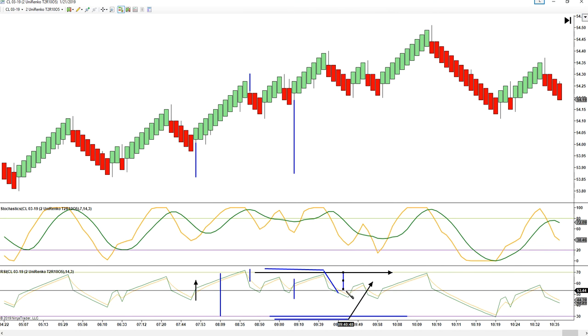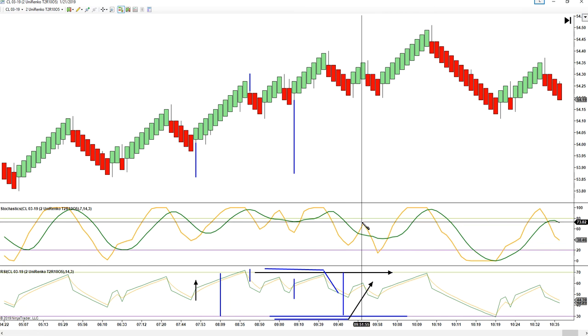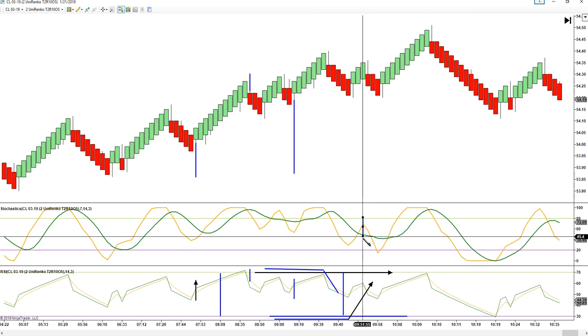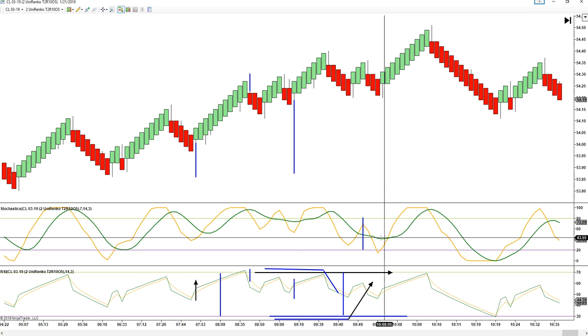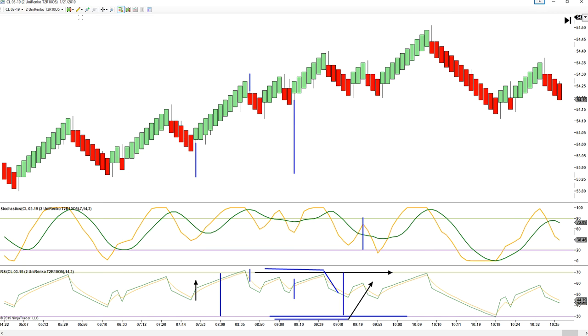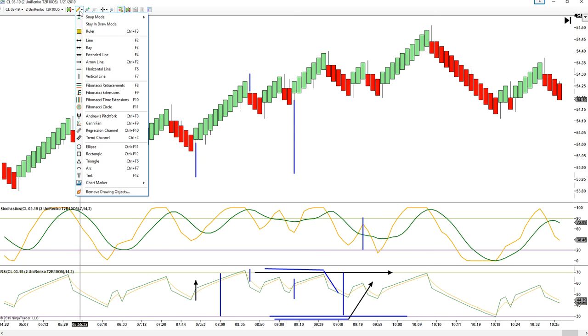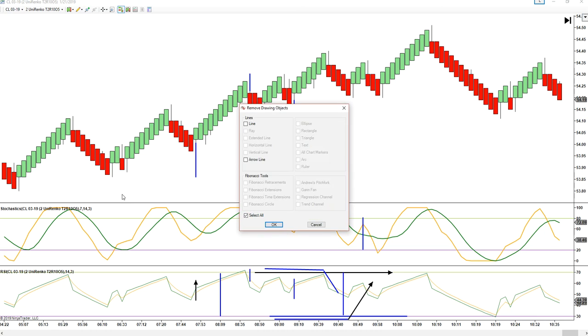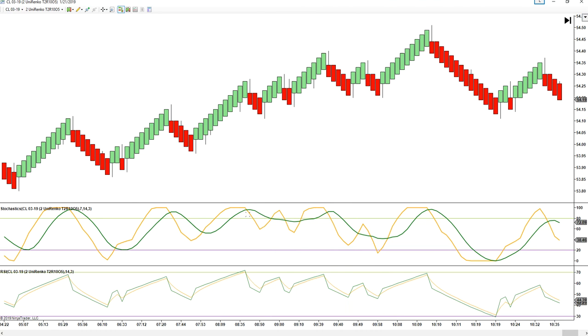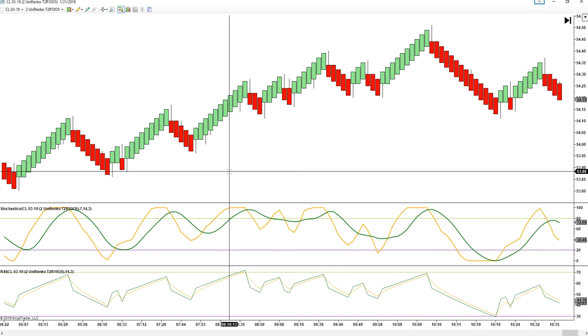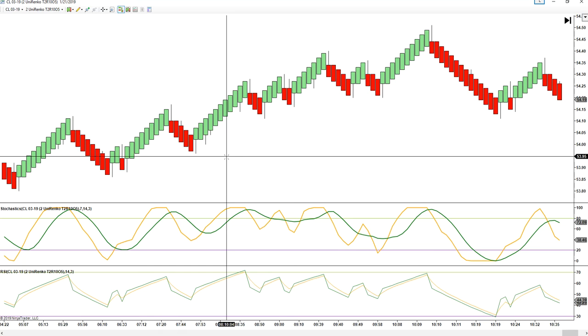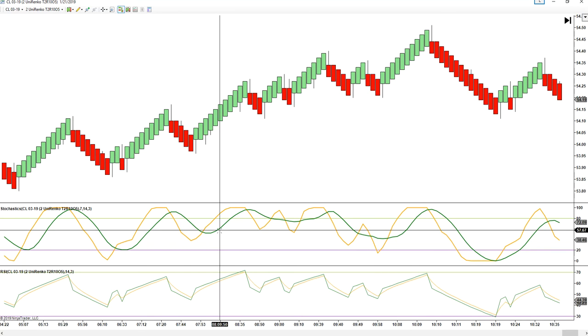When it's in this intermediate zone, just like here, this is where you really can't be sure that the trade's going to work. Now remember, these indicators have no forward-looking ability. All they're doing is comparing the high with the close and the low with the close.